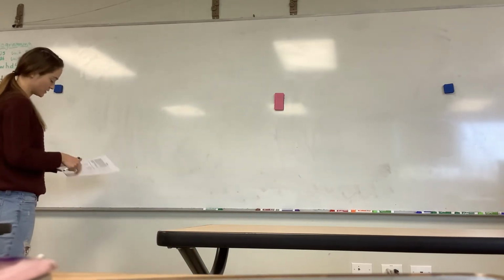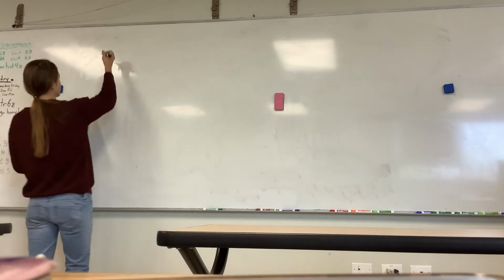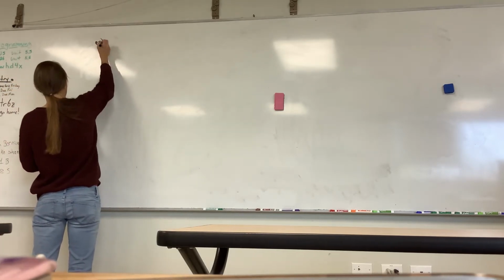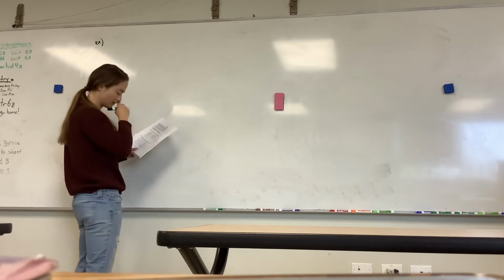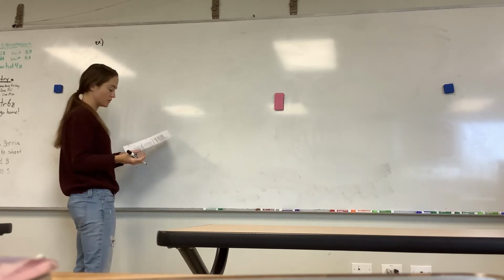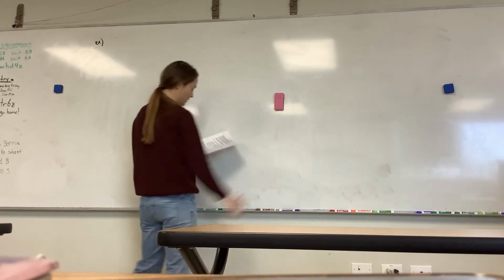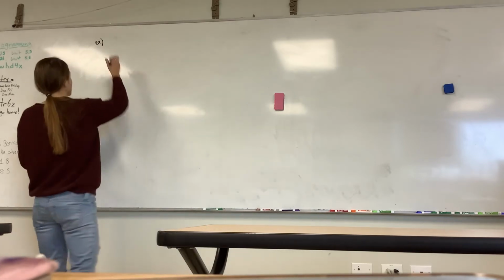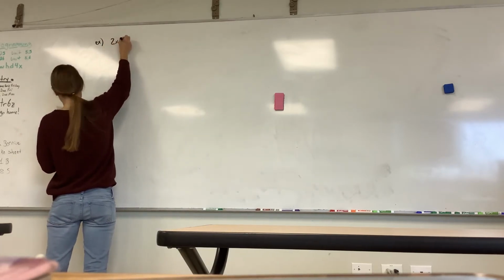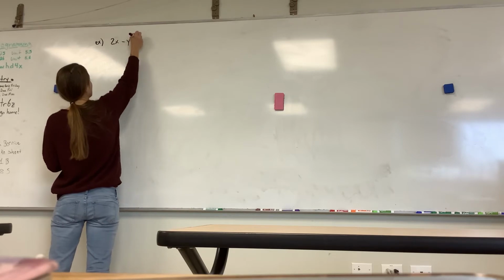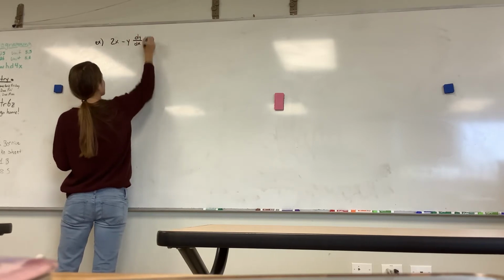For example number 2, I say to sketch the slope field and then use integration to solve for the general solution, which is what we had just done over here, for this differential equation: 2x minus y dy/dx equals 0.